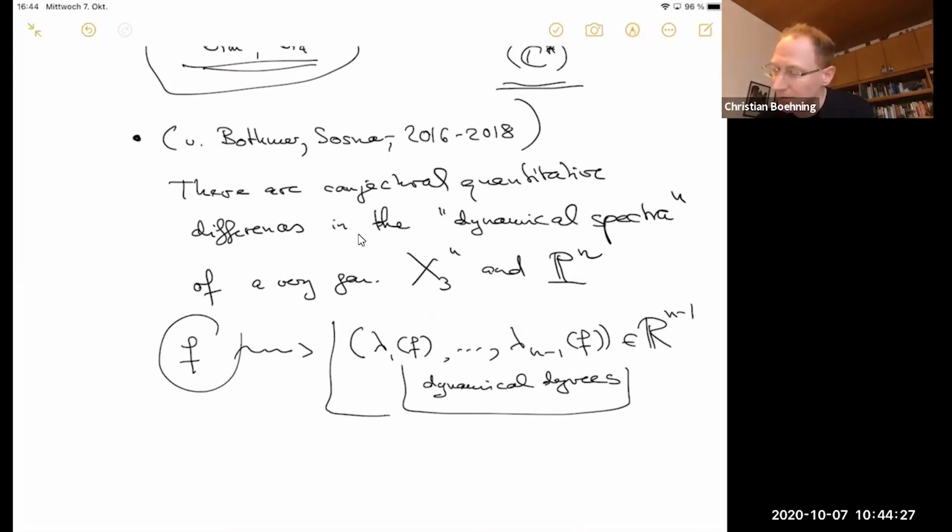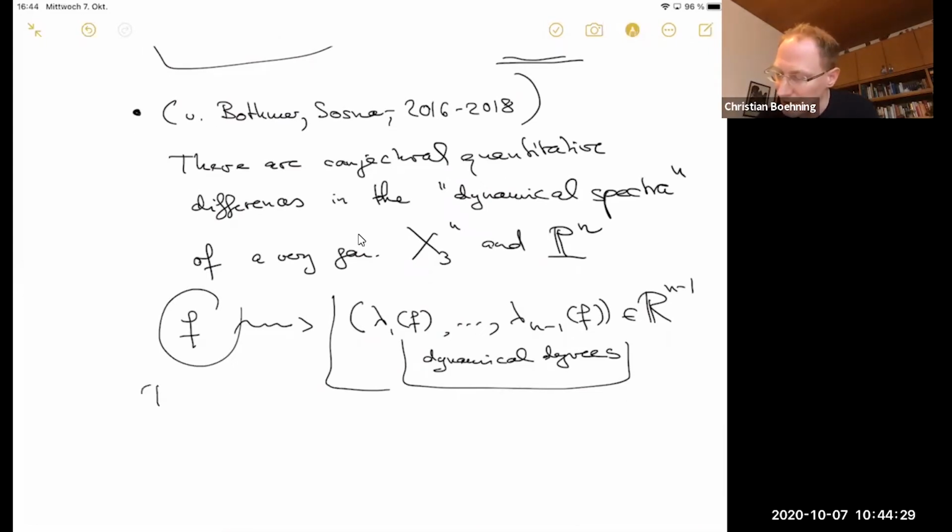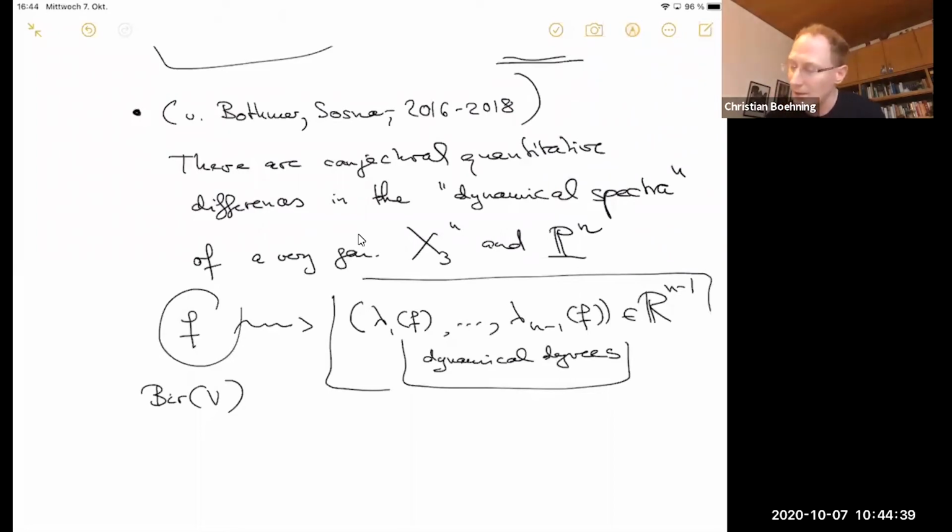If F ranges over the entire birational automorphism group of that n-fold, then you can look at the totality of all tuples of dynamical degrees you get in this way, and you call that the dynamical spectrum of your n-fold. So it's a certain subset of R^{n-1}.